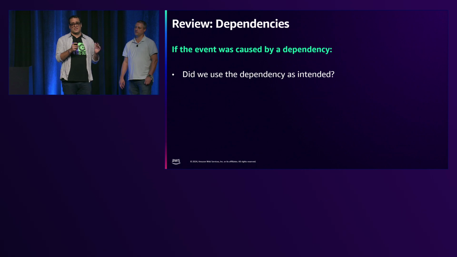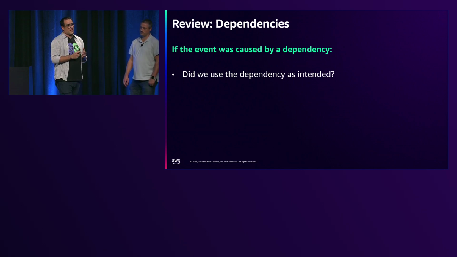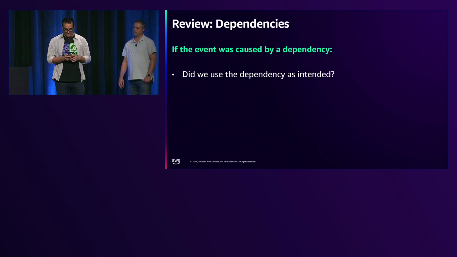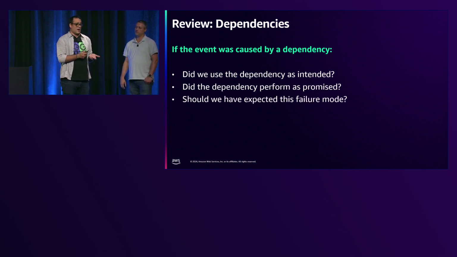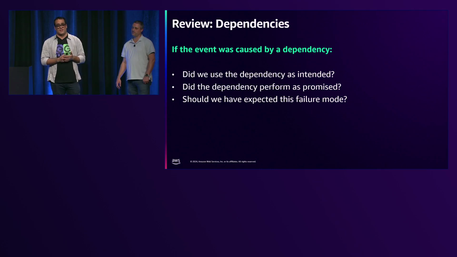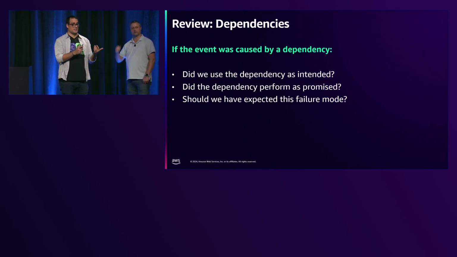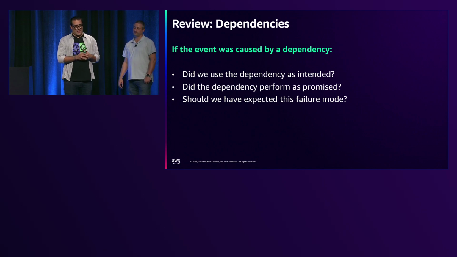So dependencies and systems are designed with a performance promise, both in terms of latency or availability. We want to make sure that we had the right expectations from it. And then, obviously, we validate the dependency performed as intended. So did this dependency maintain the promise that they made to us, and based on which we decided to use it?